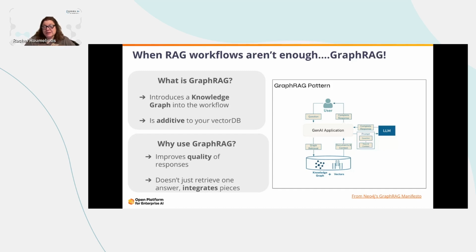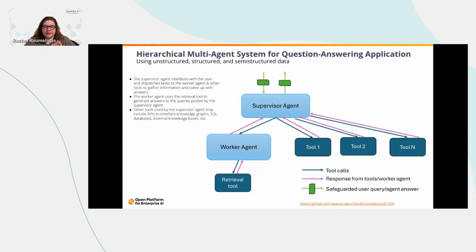And so what's great is that I'm going to show you two examples. The first one is one that we've been working with Neo4j on, and it is from Andreas, who is the lead there for AI generation, I believe, innovation. And so he is working on a pull request for a multi-agent system. And so it's really cool.